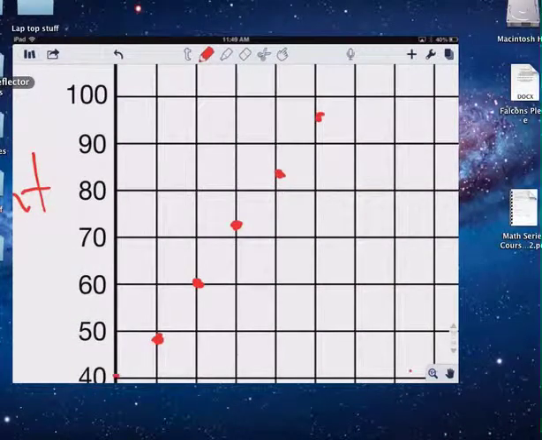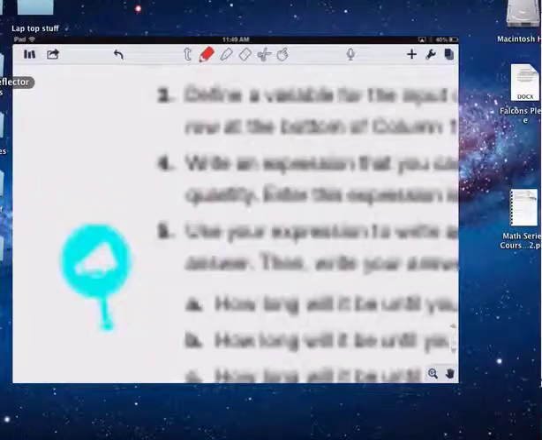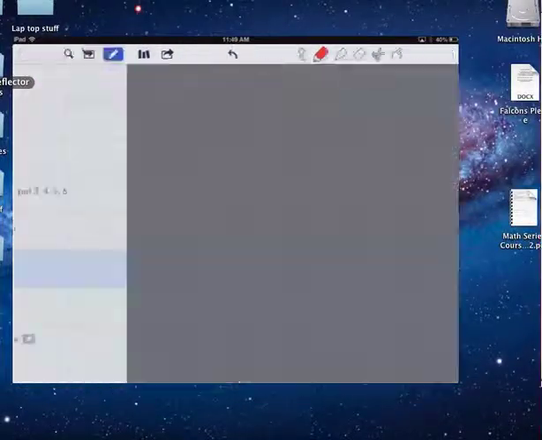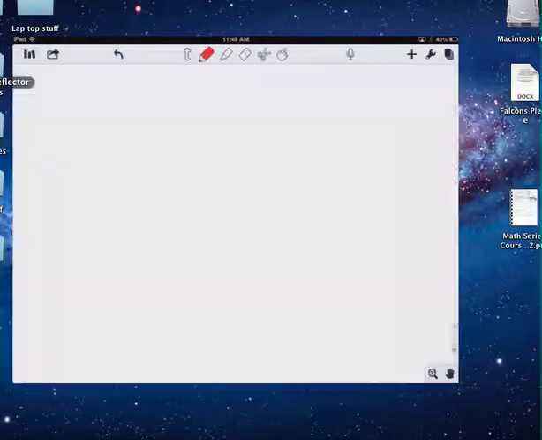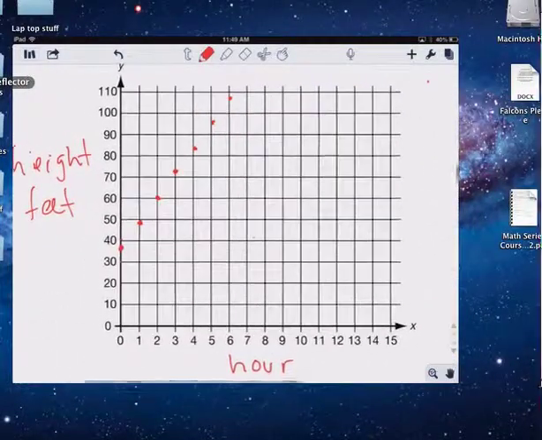At 6 hours, 108. Right there. Hey, it's a function. How do we know the scatter plot is a function? Because they all have their own lines. The vertical line never passes through more than one dot. Is there any question? No.